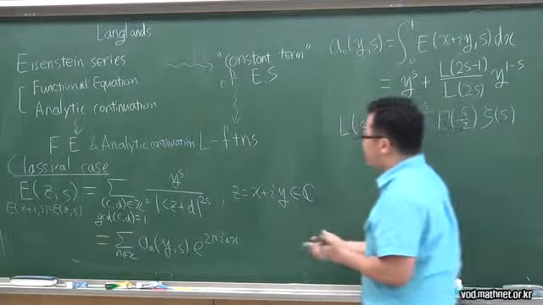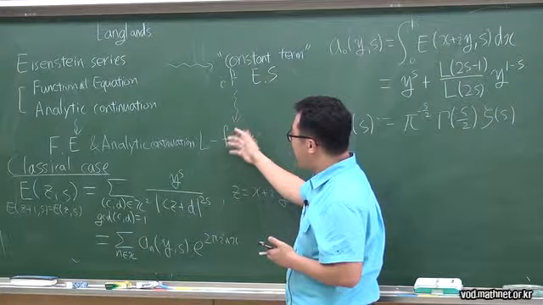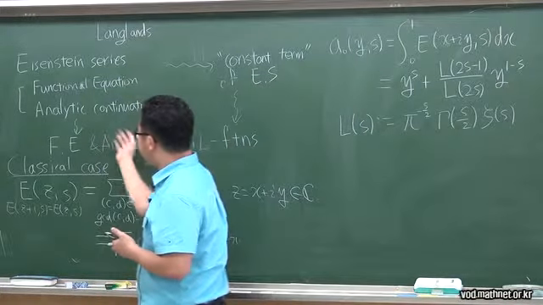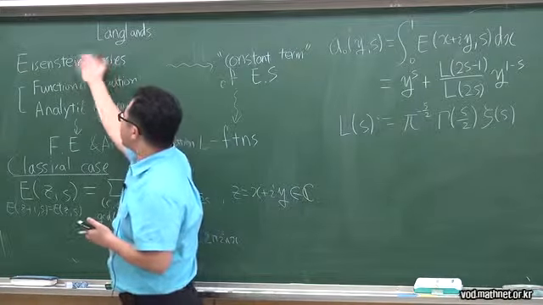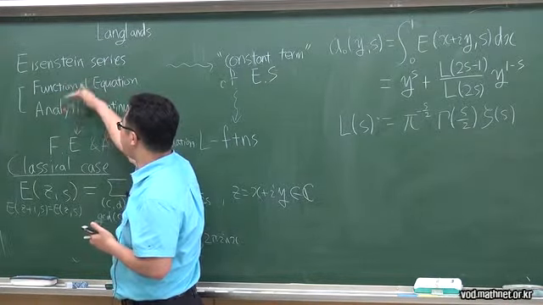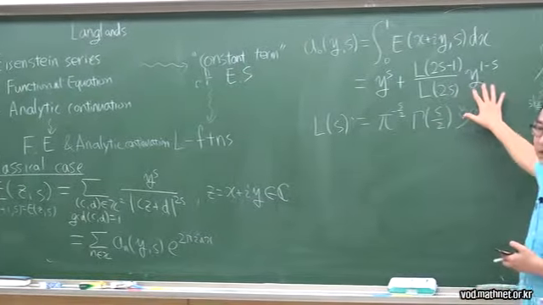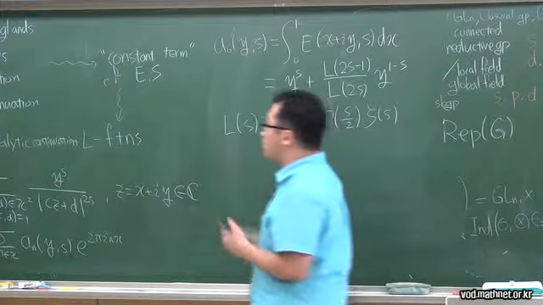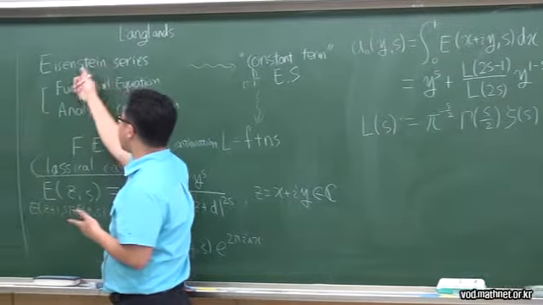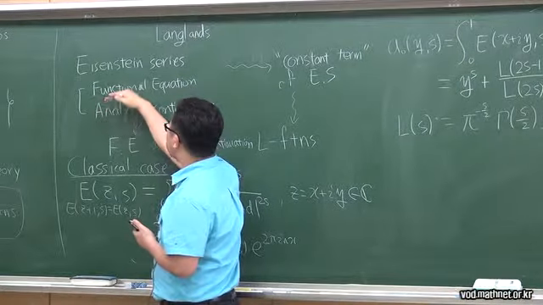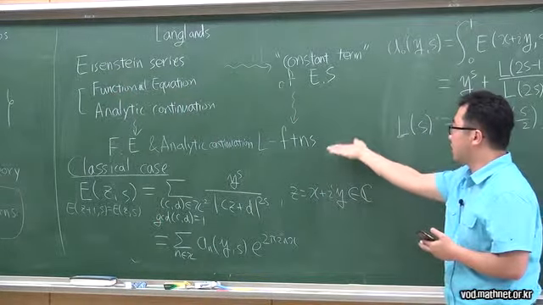And sometimes, for example when pi is generic, we can define the L functions, and the L function that appears here satisfies this functional equation and analytic continuation, because the original Eisenstein series satisfies this functional equation and analytic continuation, exactly like the classical case. So the original Langlands work is to prove the properties of the generalized Eisenstein series, which are the functional equation and analytic continuation, and apply those properties to the new L functions.